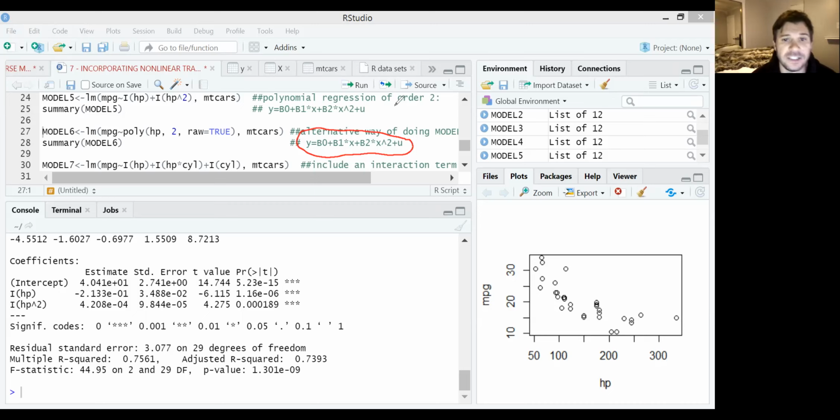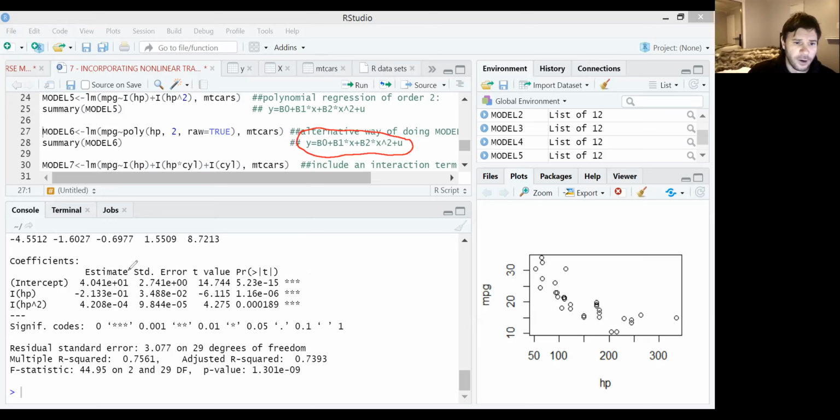And that would give you the partial effect of how you change x and how that affects y, both in terms of the unit change in x and the unit response in y. Okay, but again, if you're not familiar with calculus, don't sweat that too much here, but we should be able to think about how to recover that partial effect, which will depend not on 1 beta, but on 2 betas.